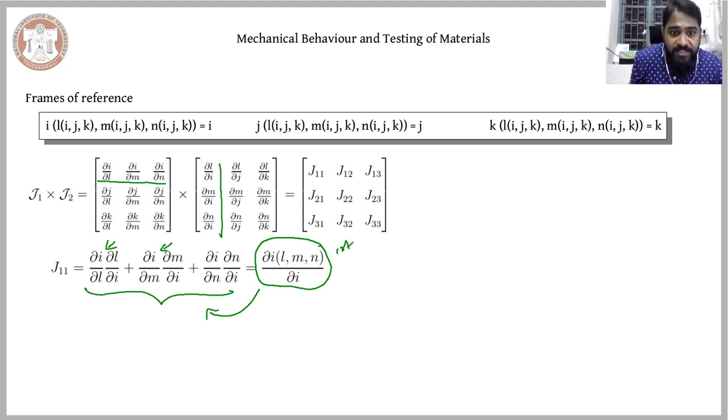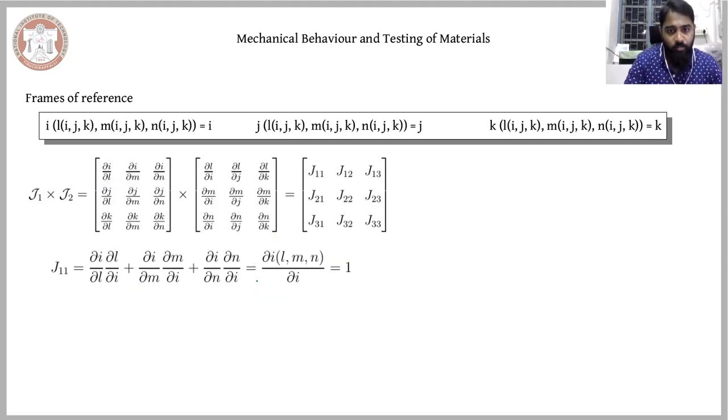So ultimately, since now this is known to me, I can rewrite it in this way. Now this is known to me from the Jacobian, I can rewrite it in this manner. So ultimately what I end up having is how my I basis is changing with respect to I. So ultimately this is going to give me 1.